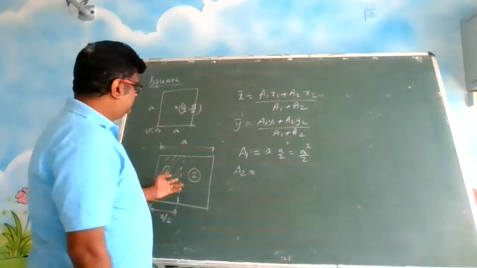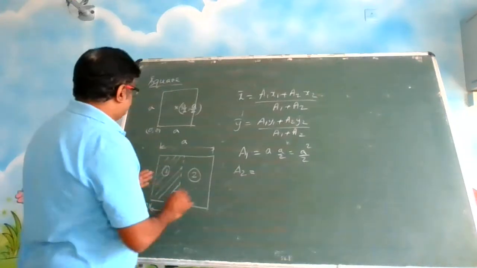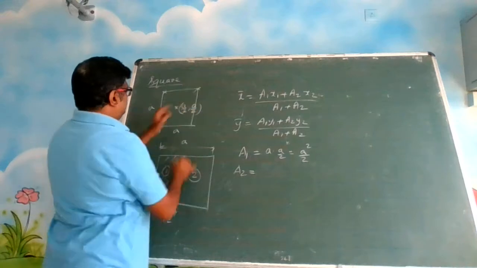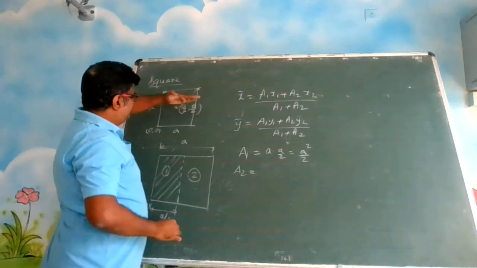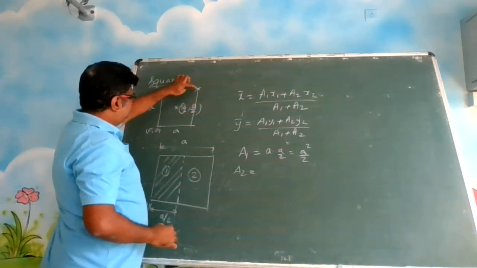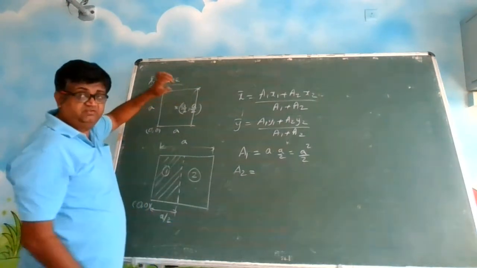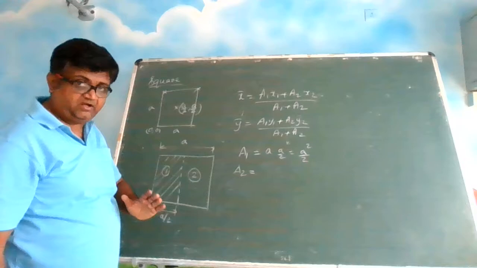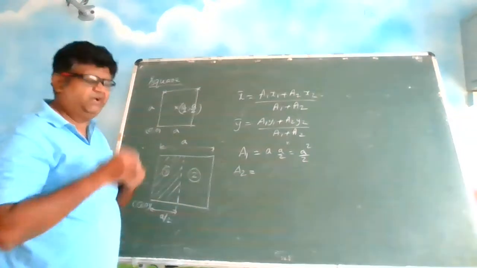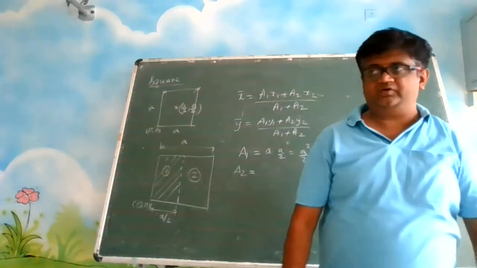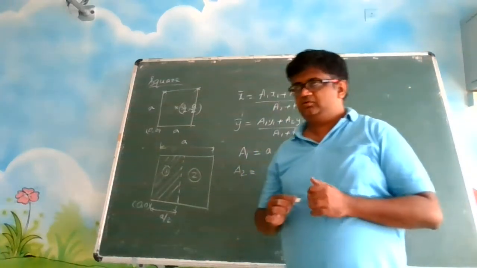Similarly, exactly symmetrical. Again, symmetry, please understand. If I put a mirror here, this point is a reflection of this point. If I put a mirror here, this point is a reflection of this point. So this shape is symmetrical about both x and y. Alright? Often we have to see symmetry.